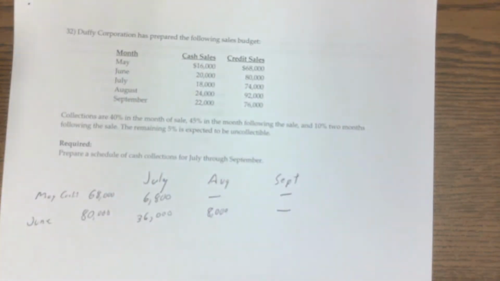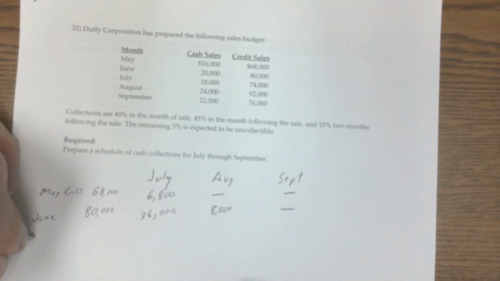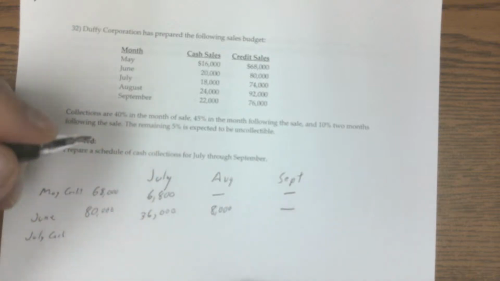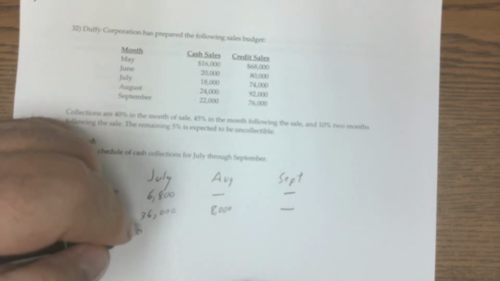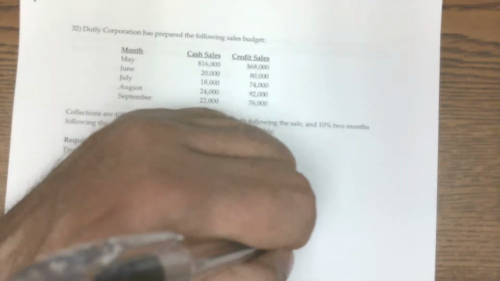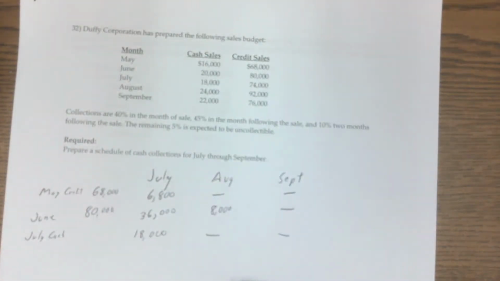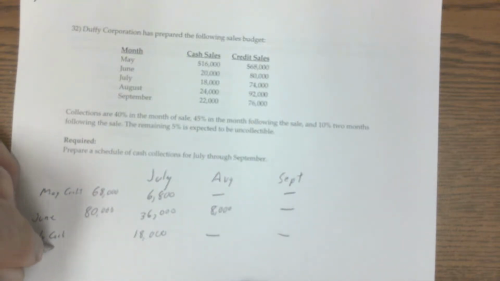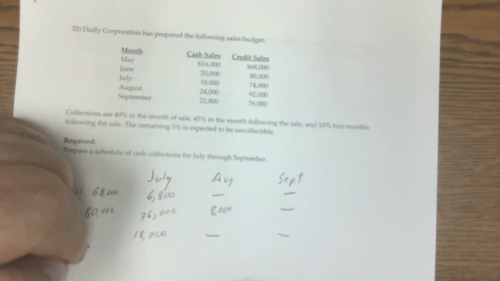Now, July comes along. We've got July cash we will collect. And July cash is 18,000. But we don't collect cash anytime except the month we sell it. Then we have July credit is 74,000.